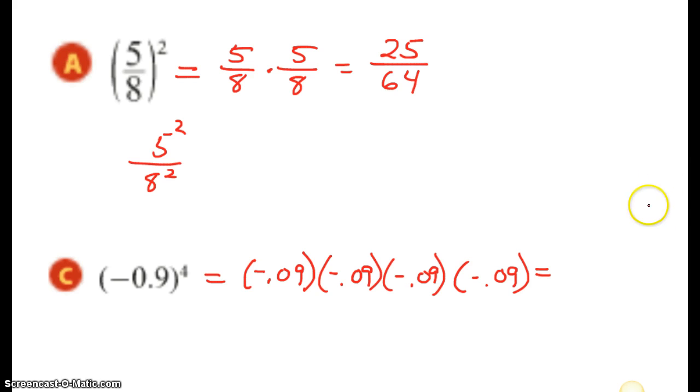Most calculators have either a y to the x power key or a little symbol like this to do this with, so we can do that pretty quickly. When you plug that into your calculator, you will get 0.006561.